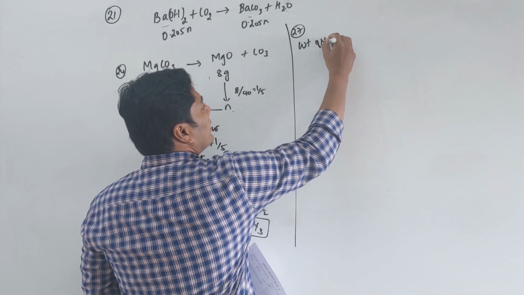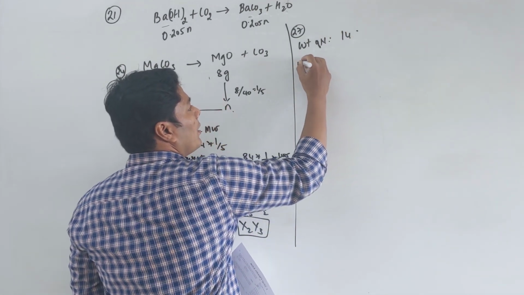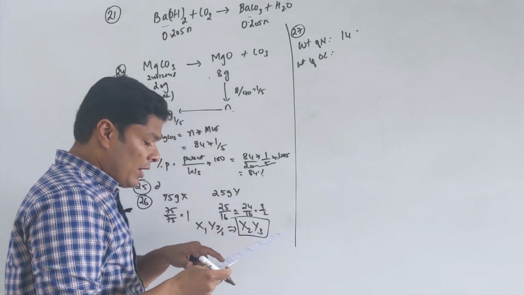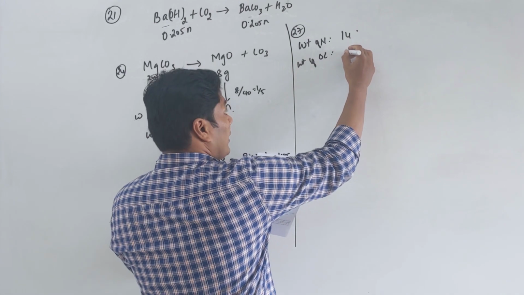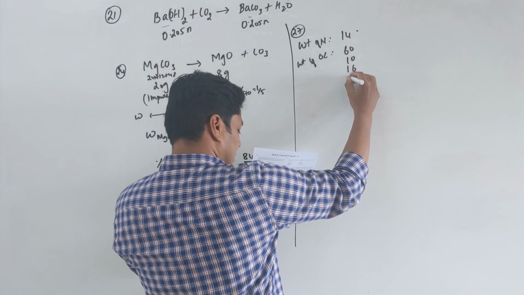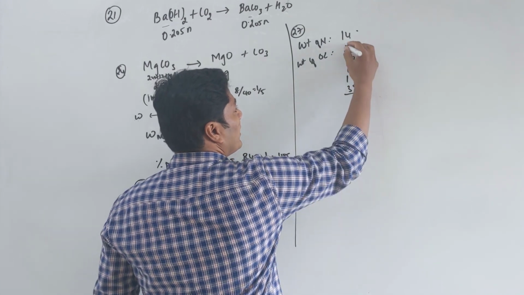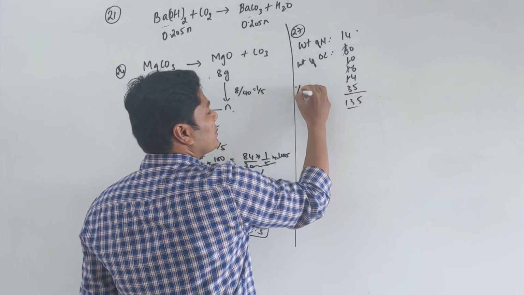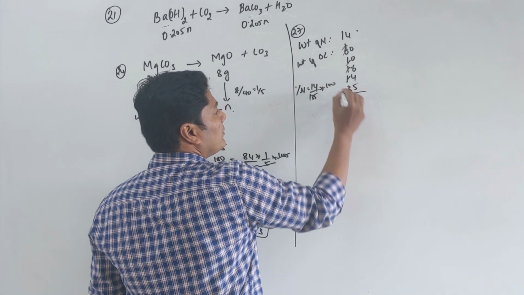Weight of nitrogen in 1 mole is 14. Weight of the organic compound, basically you can calculate all of them. 5 times 12, so that's 60 plus 10 plus oxygen is 16, nitrogen is 14, chlorine is 35.5. So, 10, 15, balance 1, 6, 7, 8, 9, 10, 13. So, percent nitrogen equals 14 by 135 times 100.